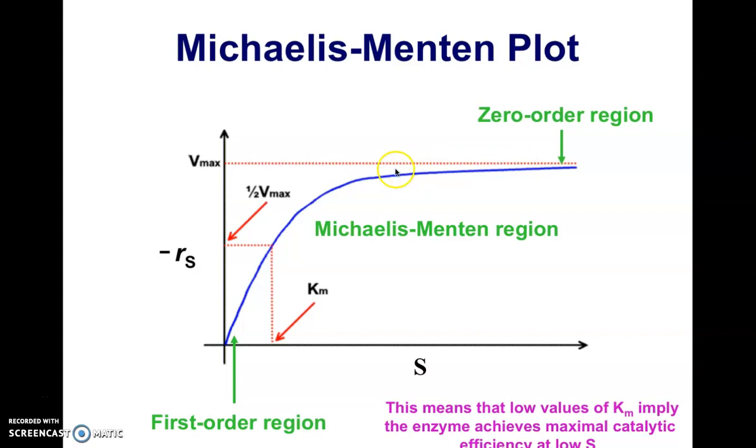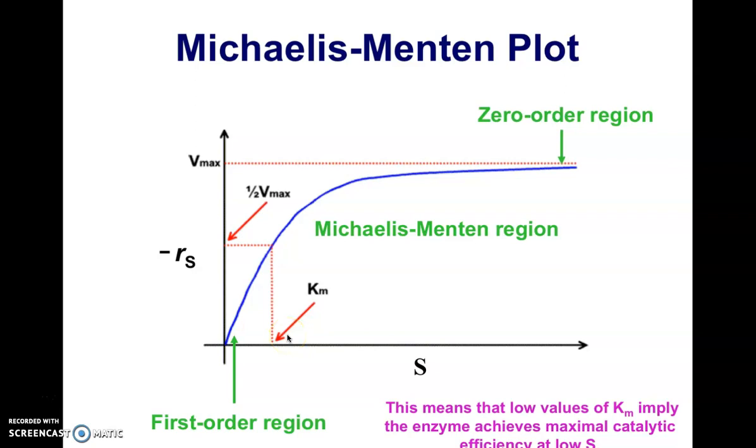When you plot this, you can determine your Km when the rate equals half Vmax. This is your Vmax, where the rate is not changing when your substrate is increasing. So you will need to determine your Km. Km is at half of Vmax. So this is your Km.